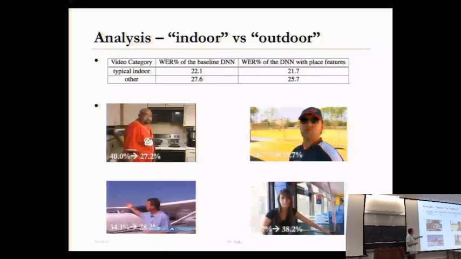I don't have the ground truth. No, we don't have ground truth, but we have a 4-hour test set. We tried to manually label the activities and say, oh, this is typical indoor, this is typical outdoor. For most of them, we know what category they belong to, and we're trying to make sense of the results.